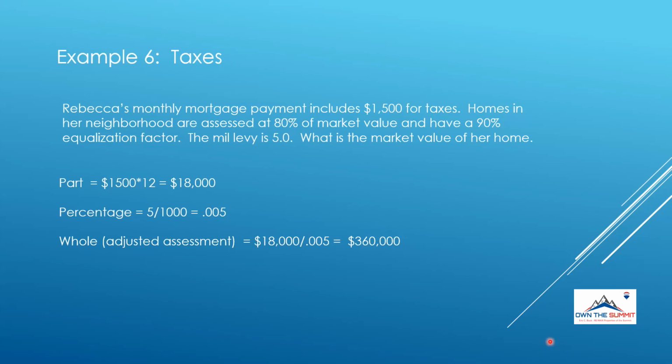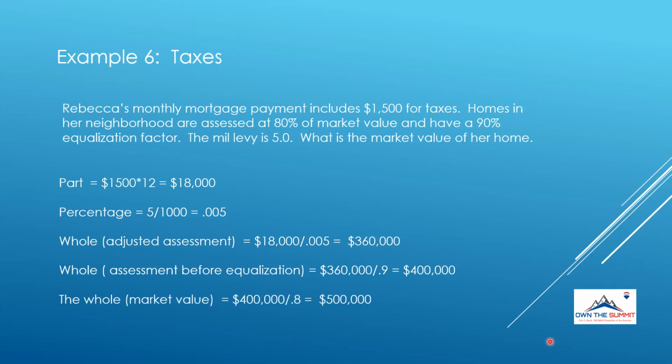But remember, we had an equalization here, so that number is 90% of what the local assessment was. So 360 divided by 0.9 is 400,000. And the assessment's only 80% of market value. So the whole market value is 400,000 divided by 0.8 equals $500,000.